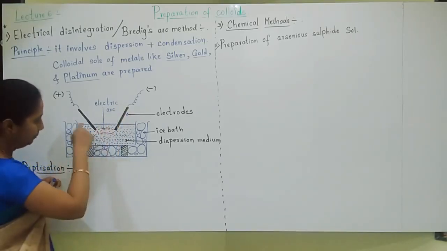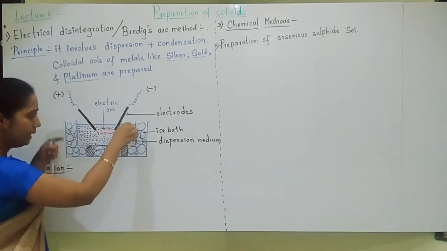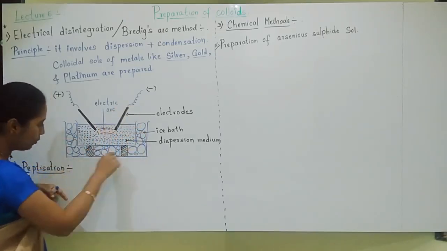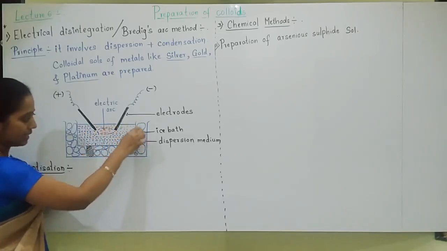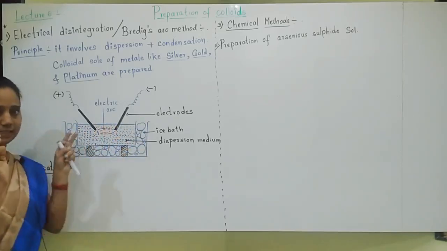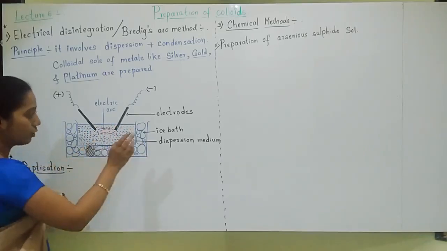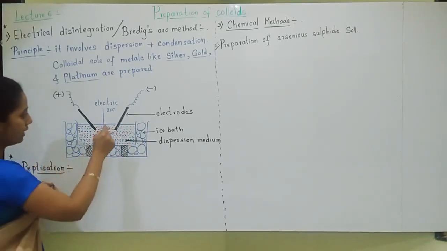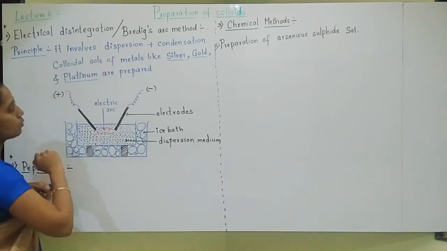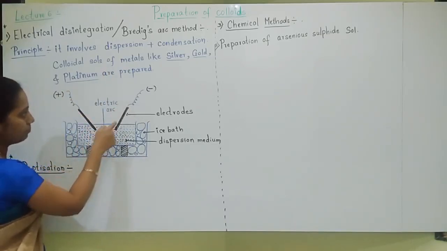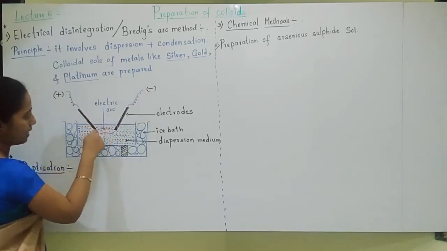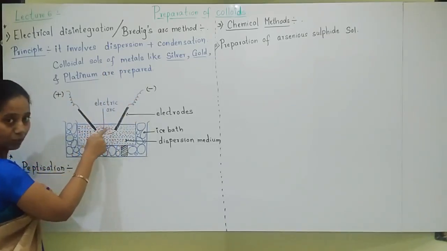Now see here, this vessel is kept in surroundings where you can see an ice bath. This vessel is kept in an ice bath, the ice bath surrounding it, for cooling effect. Now see how the colloidal sol is prepared. Metal rods are dipped in the dispersion medium.